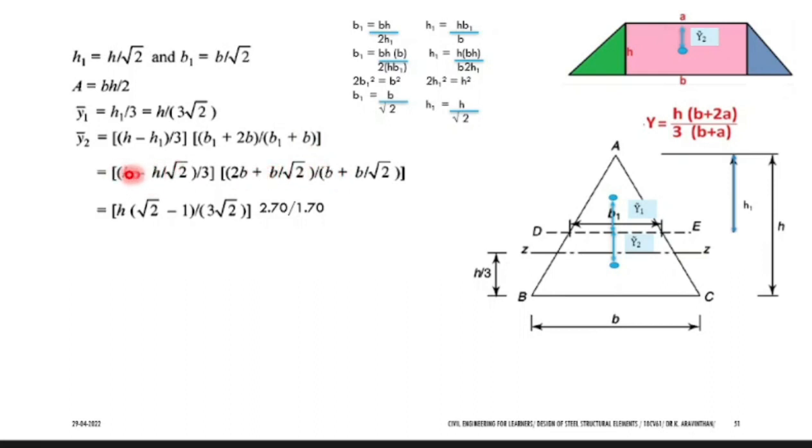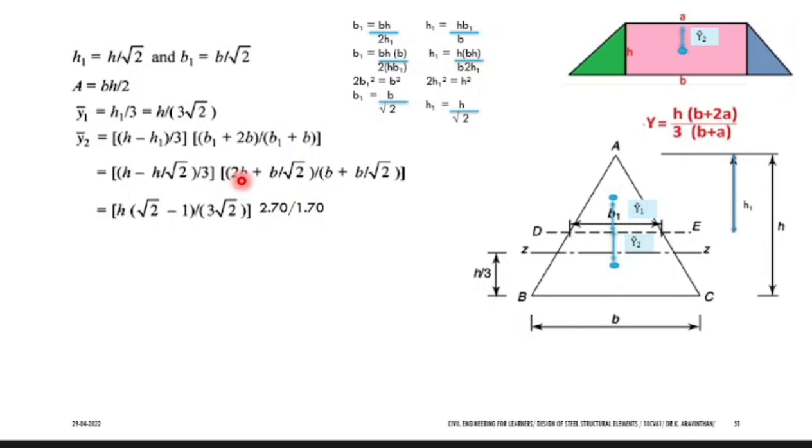Hence if you have 2H here you can take H commonly, and here also you have the B component. The B component you can take outside. Here you have 2B, you can take it outside. You will be getting 1 plus root 2 and 2 plus 1 by root 2. This will be your answer.